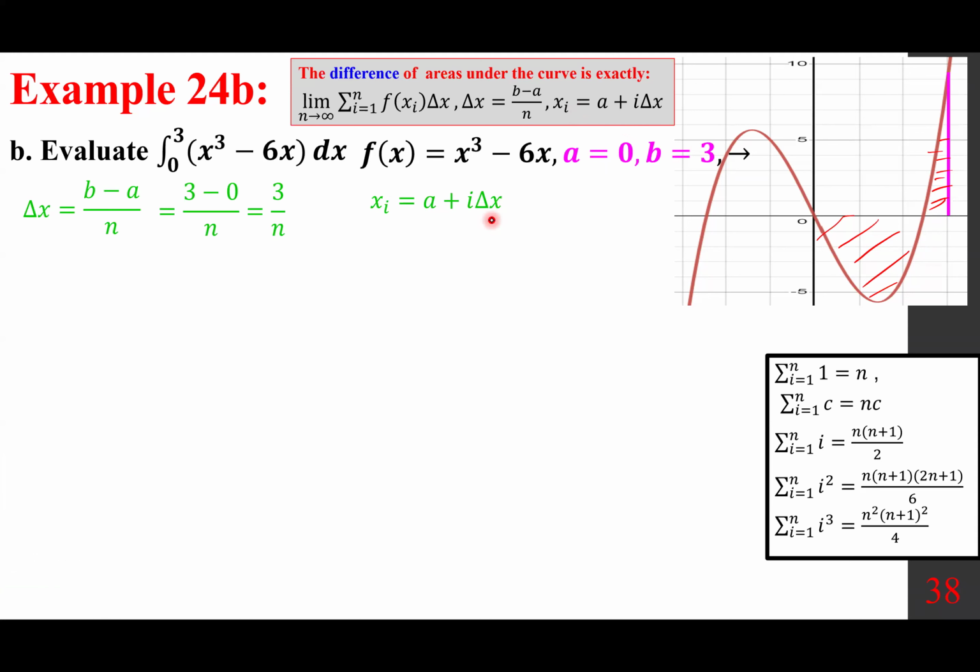Delta x is 3 over n times i, so 3i over n. And now we are going with the limit here. We need f of x sub i delta x. So this is equal to this limit, and we are going to find that.